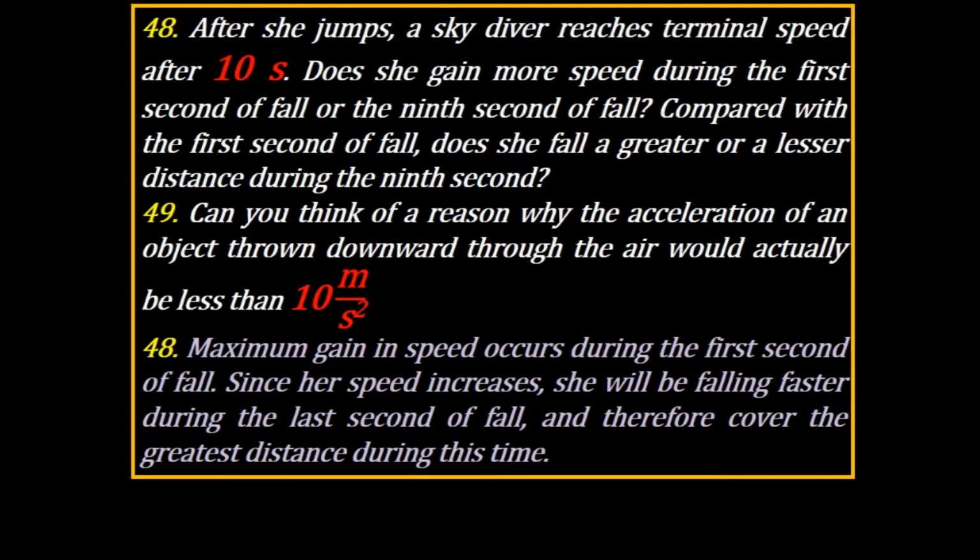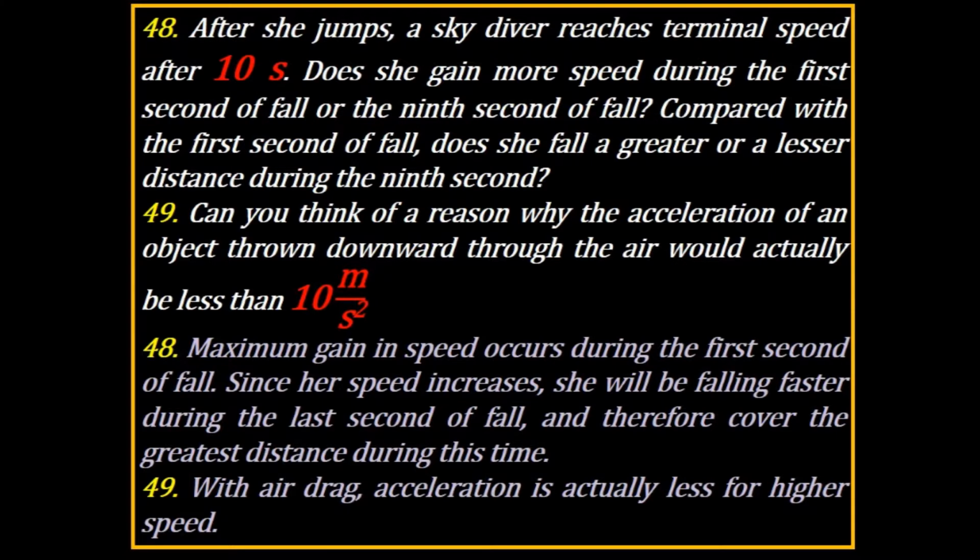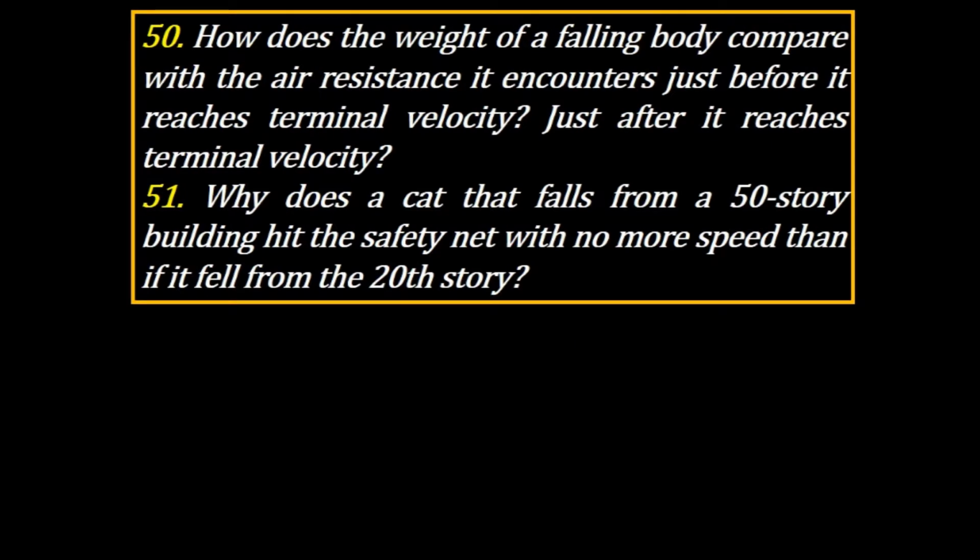And then number 49 is, with air drag, acceleration is actually less for higher speeds. How does the weight of a falling body compare with the air resistance it encounters just before it reaches terminal velocity, just after it reaches terminal velocity?